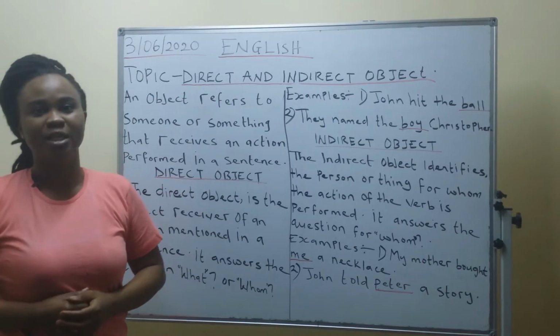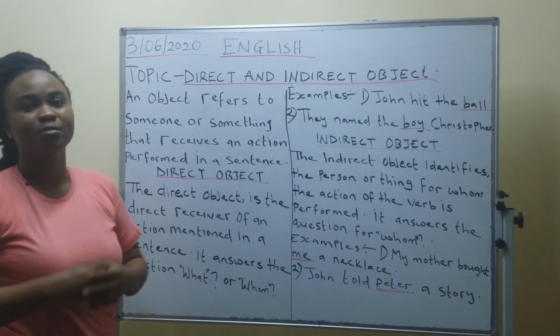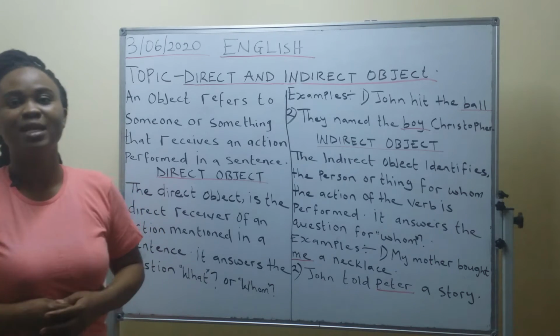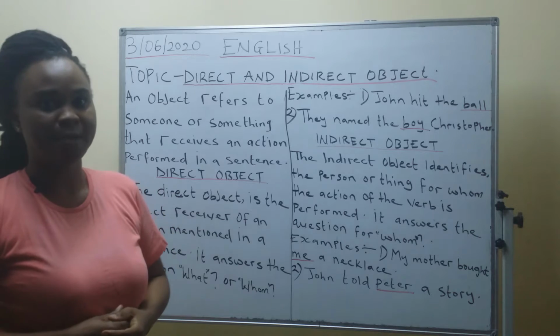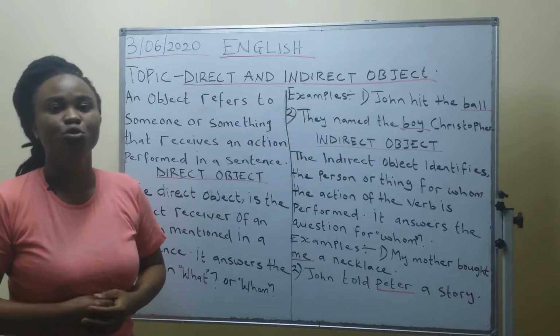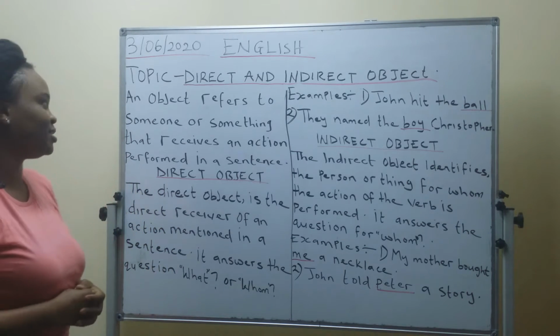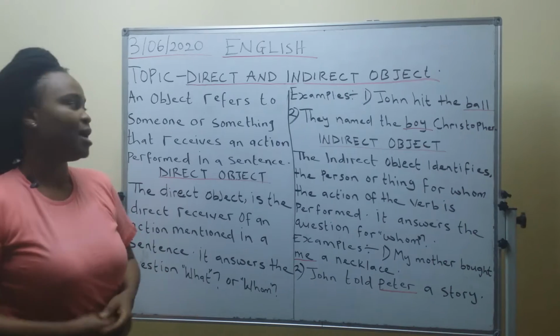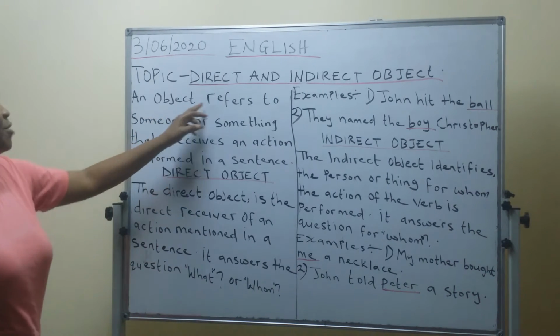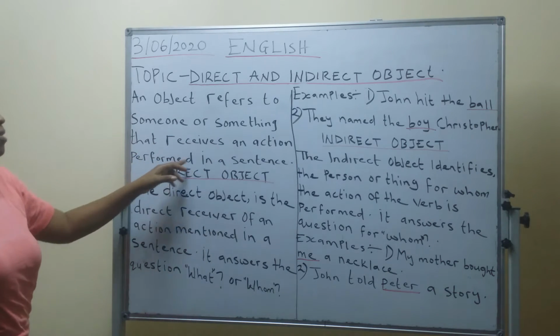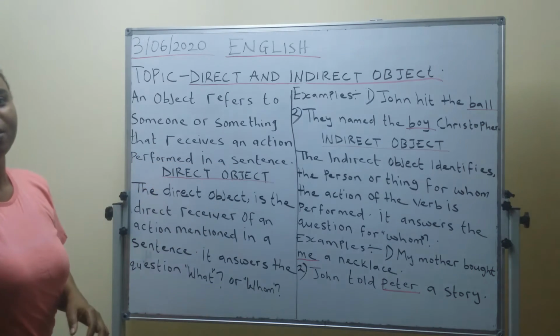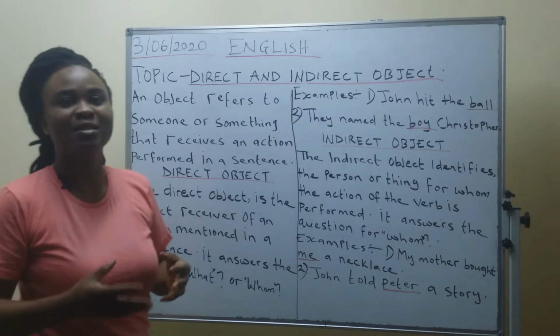Today I'll be teaching you English language, and the topic for today is direct and indirect objects. In English language, there are things we call direct and indirect objects. First of all, I would like to explain to you what an object is before I start. An object refers to someone or something that receives an action performed in a sentence.